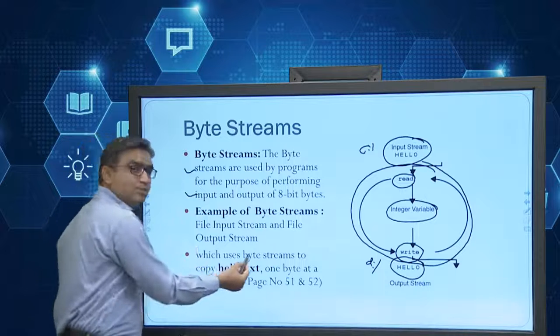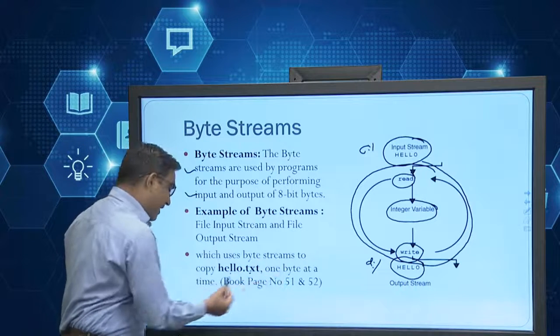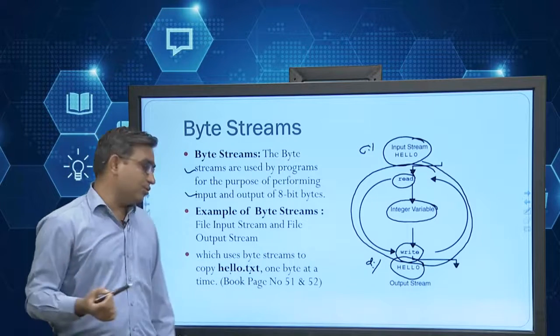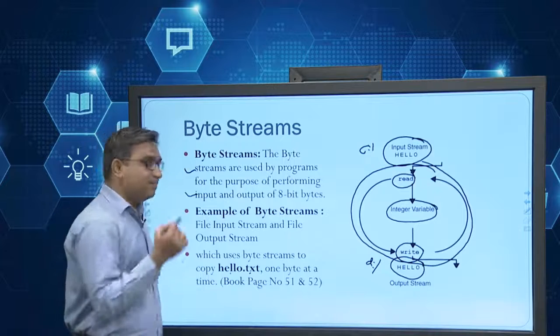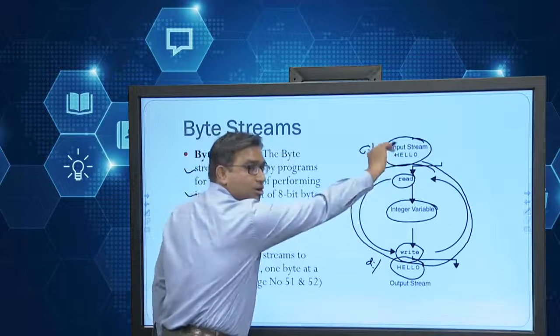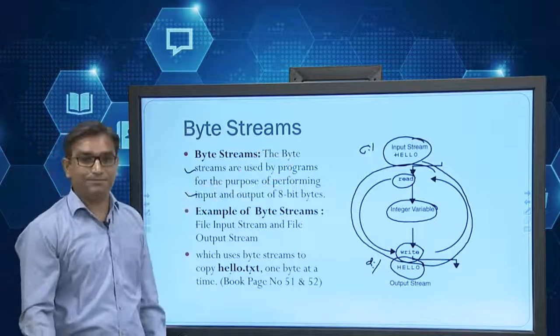How? We use byte data to copy the hello world.txt file, one file at a time. In your book, on pages 51 and 52, the complete code is given. That operation is performed by copying the hello world text file to another hello world text file, from the C drive to the D drive.